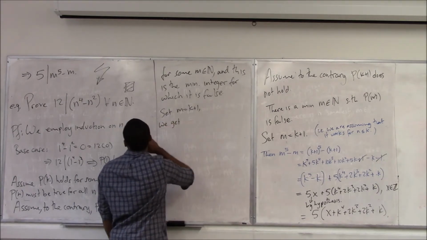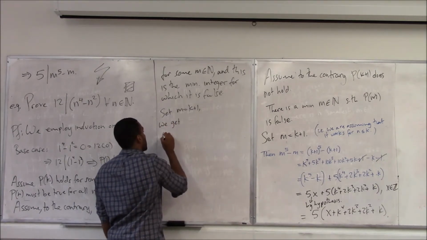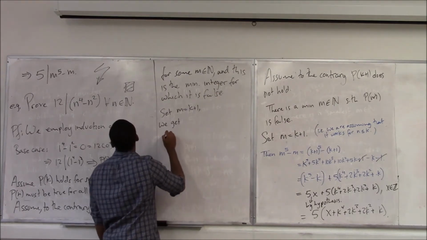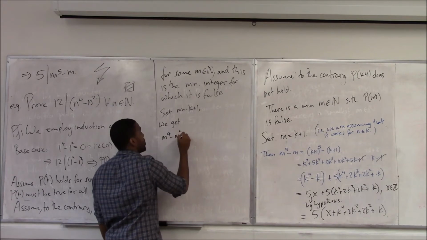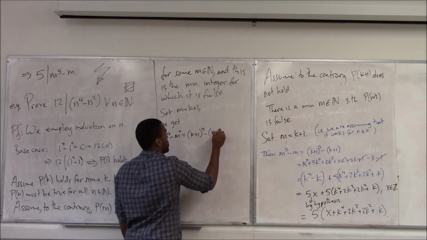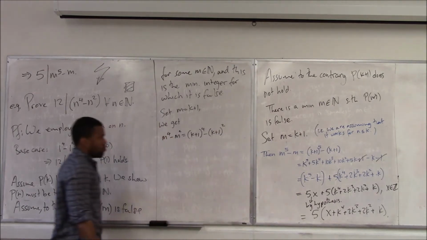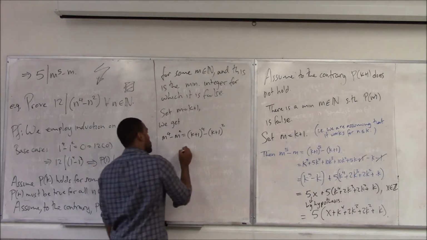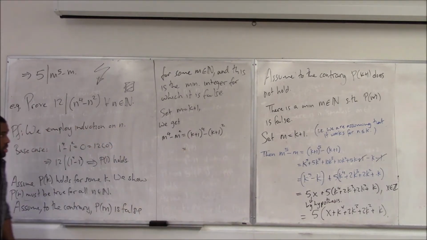So now I'm going to want to say that if I plug in m to the 4th minus m squared, which is k plus 1 to the 4th minus k plus 1 squared, you're going to want to say this is divisible by 12 and get your contradiction.